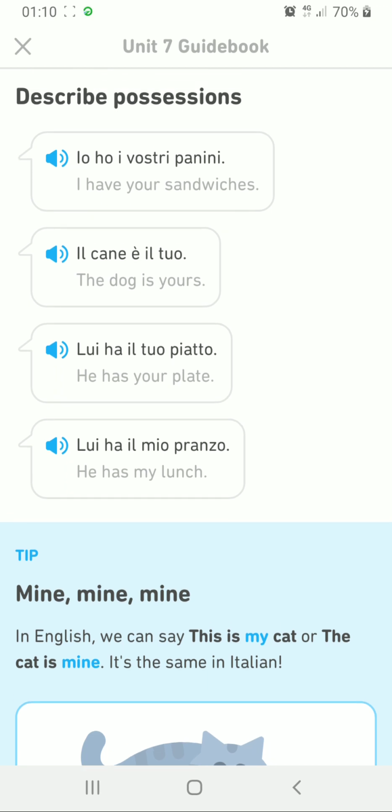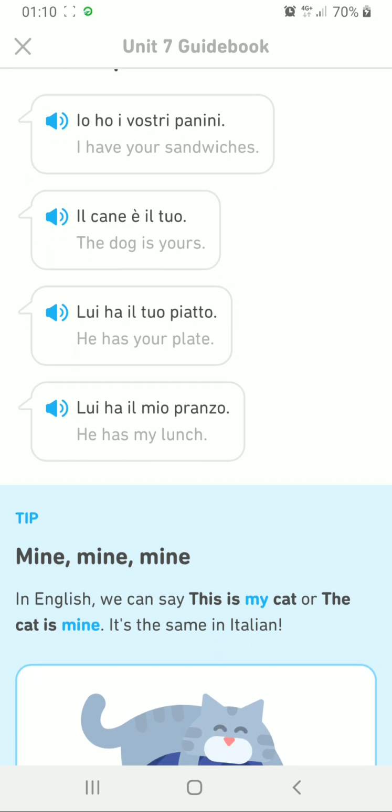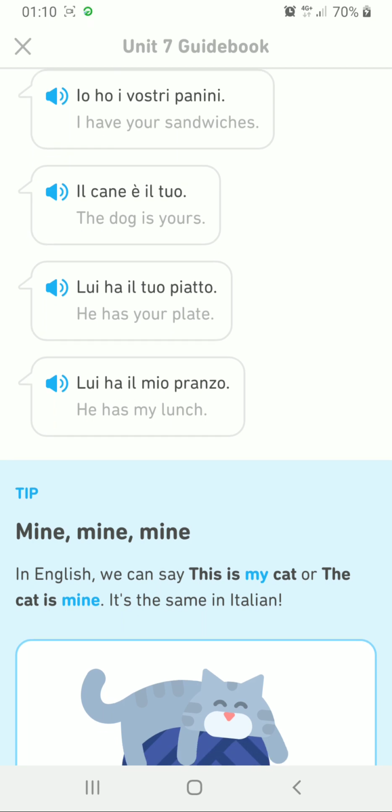So this is how you talk about possession: il tuo, il mio. Notice that there is an article in front of the possessive adjective, something that is not similar to what we have in English.